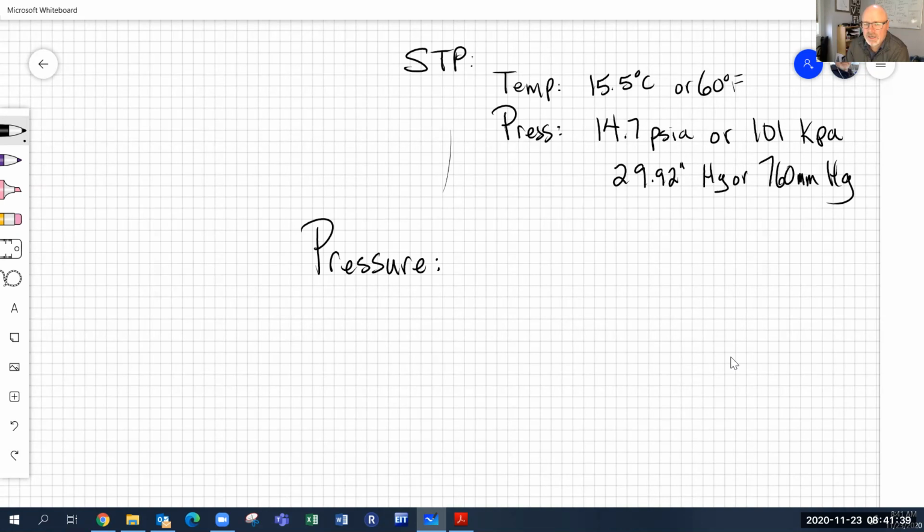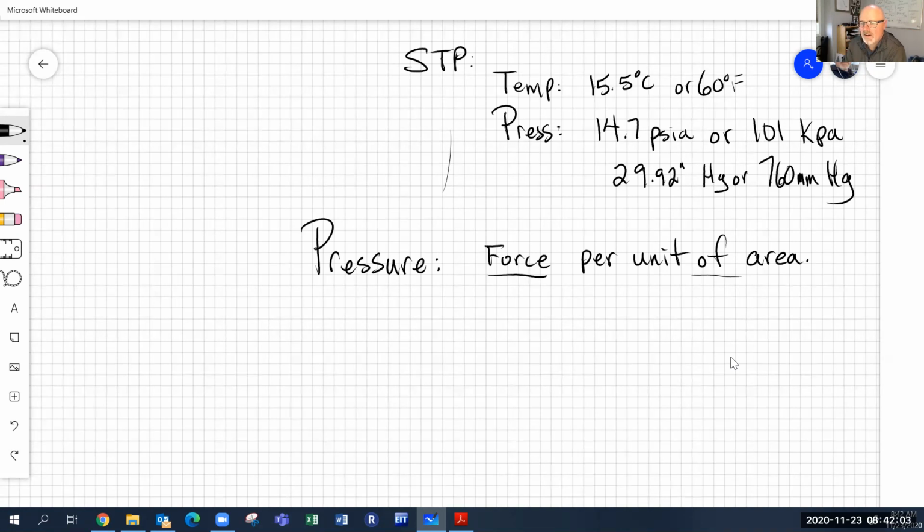And pressure as a definition is force per unit of area. That's how they define pressure. So pressure is a force per unit of area.